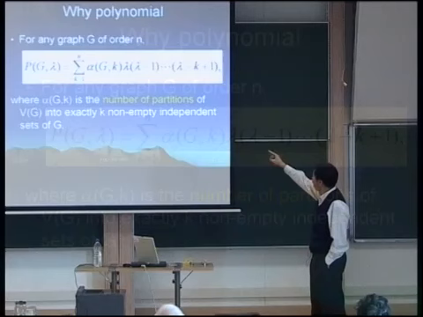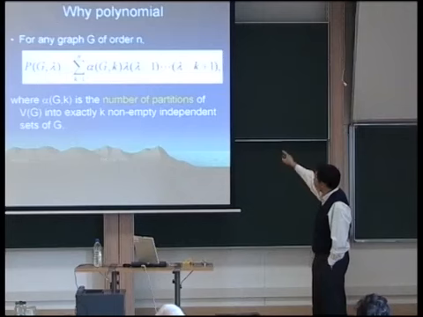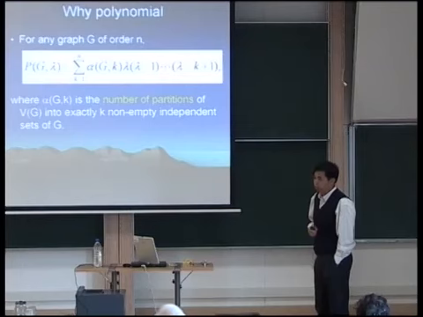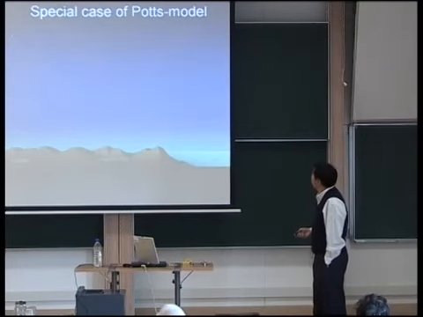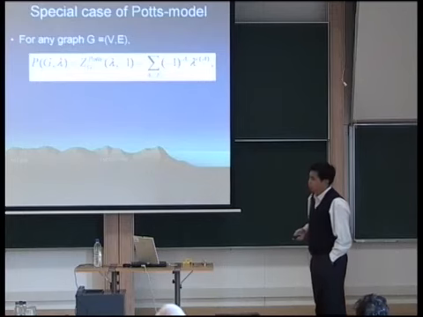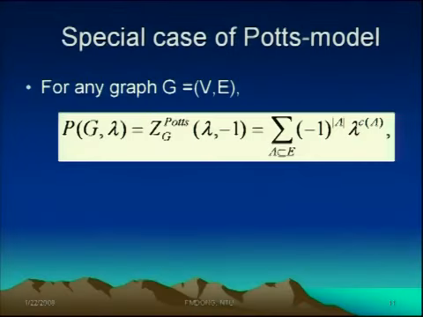So this alpha(G,k) represents this number, and then we have a polynomial expression for the chromatic polynomial. The second one is just a special case of the Potts model when every edge weight is -1. So there is a very nice expression here.